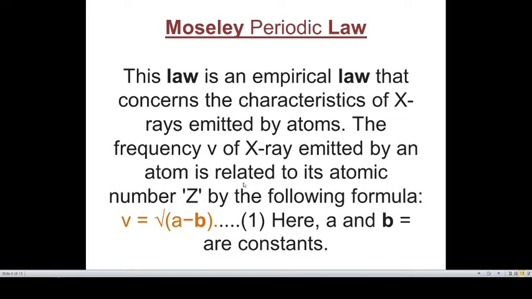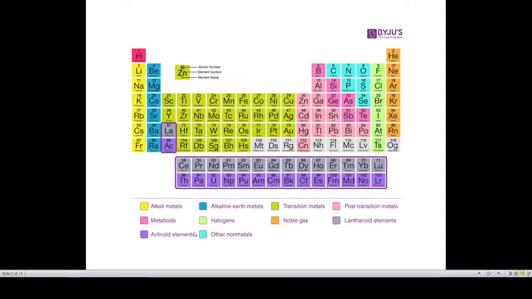The frequency ν of the X-ray emitted by the atom is related to the atomic number Z by the formula ν = √(a(Z − b)). Here a and b are both constants, and ν is the frequency.